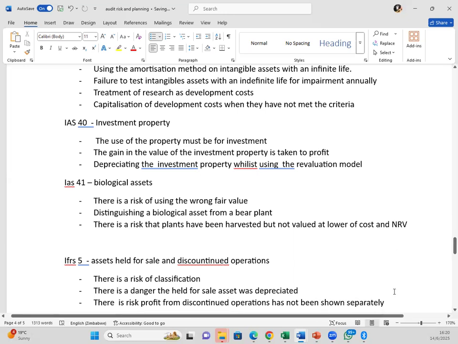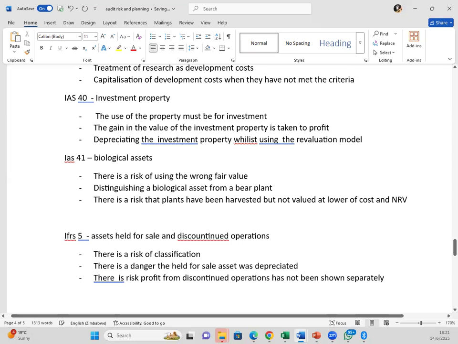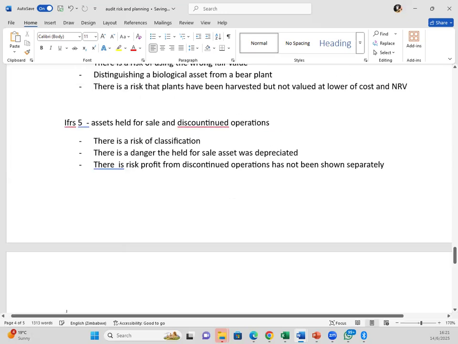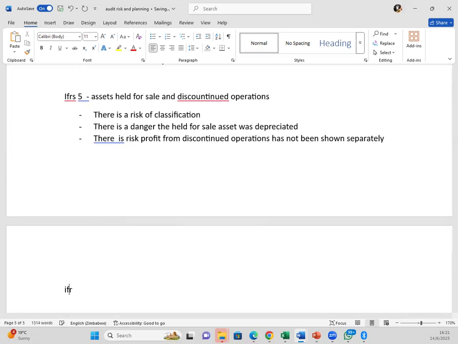Then let's move on. From IFRS 5, we can move to IFRS 9.